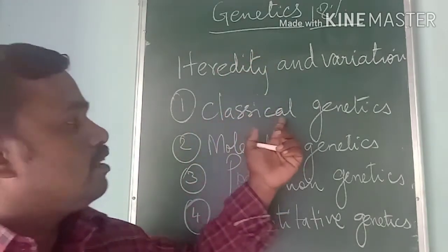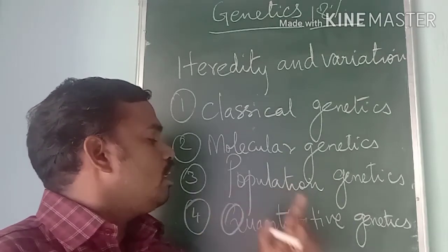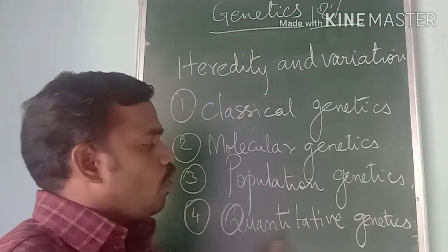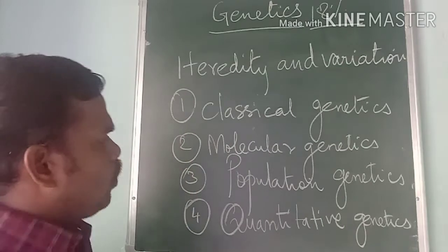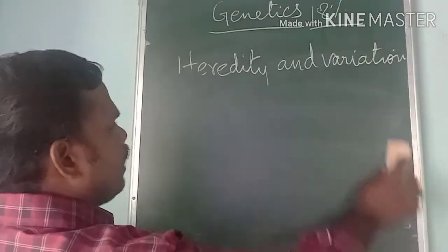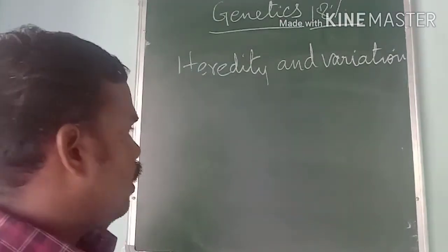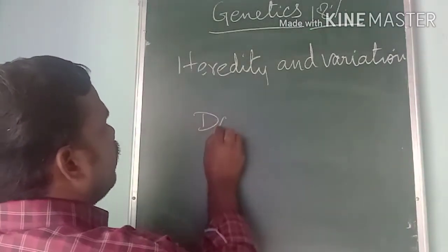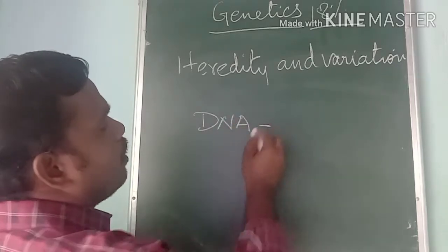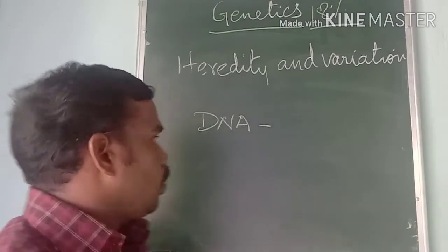Number 1 is classical genetics, number 2 is molecular genetics, number 3 is population genetics, and quantitative genetics. As I told you, classical genetics is the transmission of the characters from parents to offspring. We say it is DNA, the genetic material. Who is carrying this genetic material, this DNA? The chromosome.